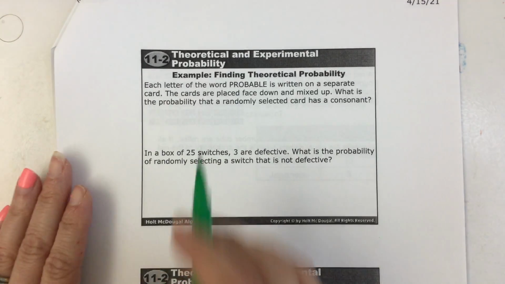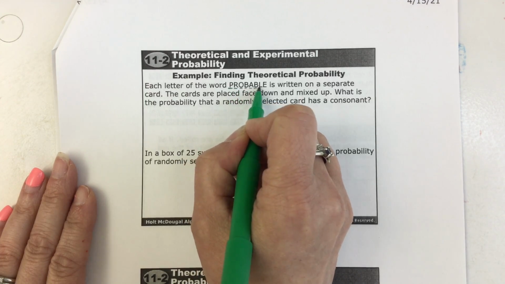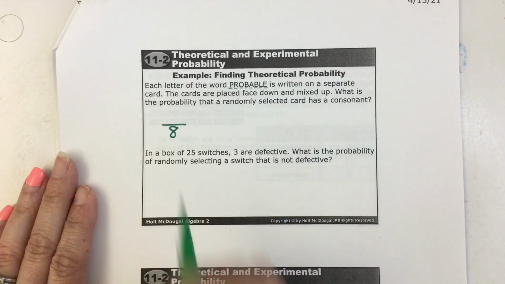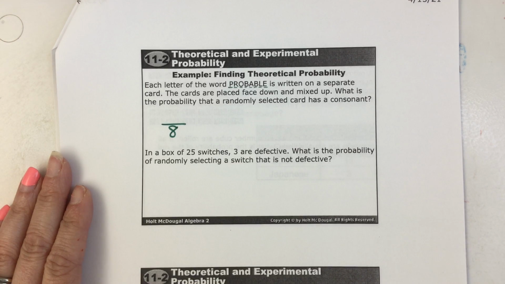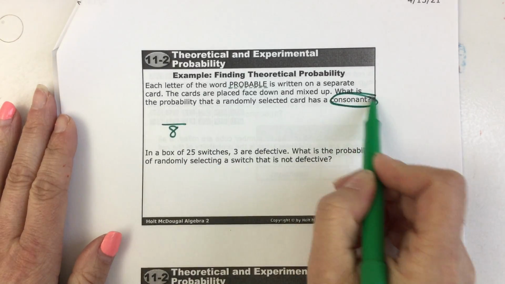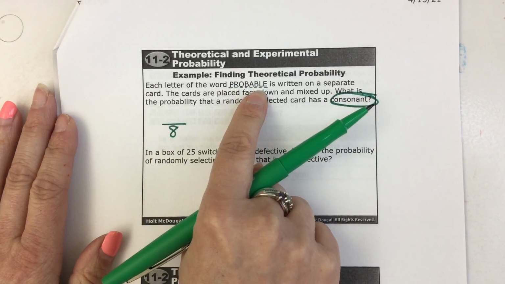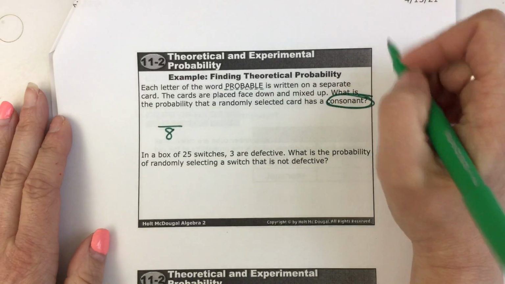So let's do some. Each letter of the word probable: 1, 2, 3, 4, 5, 6, 7, 8. There are 8 letters in the word probable. So that means your denominator would be 8. Each letter of the word probable is written on a separate card. The cards are placed face down and mixed up. What is the probability that a randomly selected card is a consonant? Your top is how many consonants there are. A consonant means it's not a vowel.